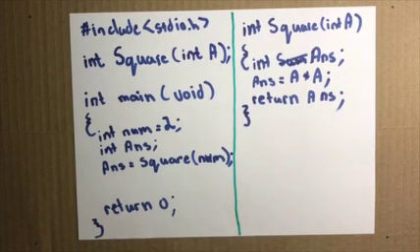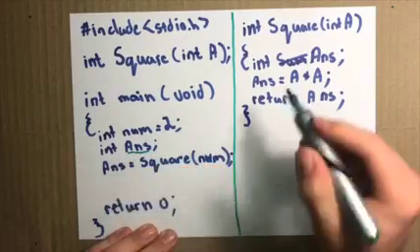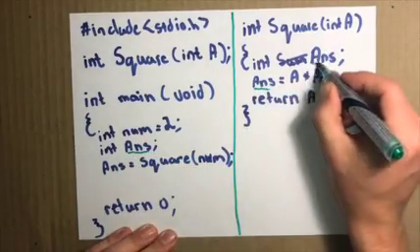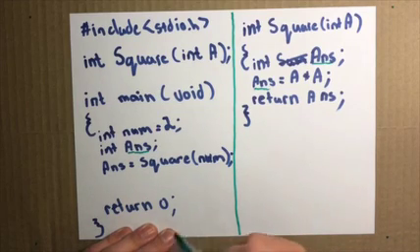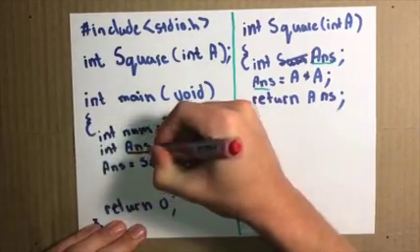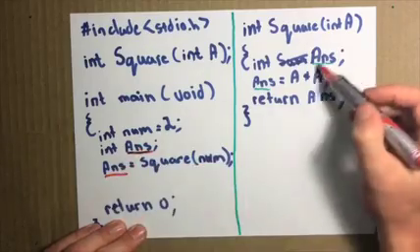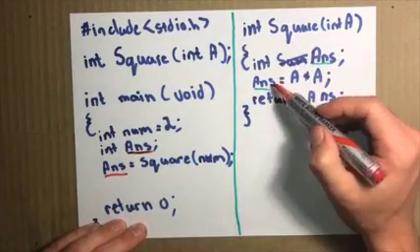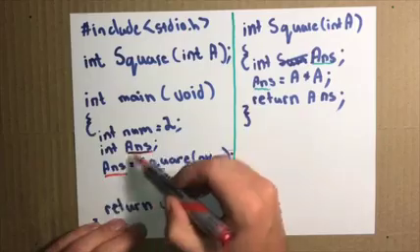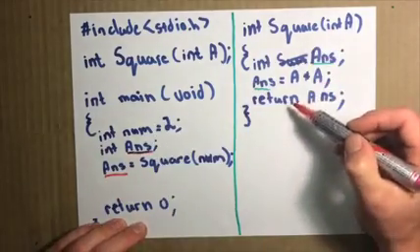Now what I want to quickly say is, please note that this answer and this answer are not the same. Let's make this one red, this one red. These are not the same variables, because this one is inside main and this one is inside square.